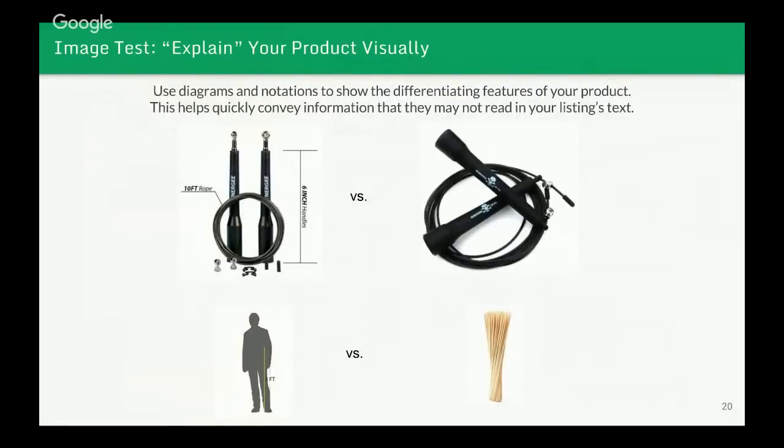And this is another good one. Something like this one down here on the bottom left wouldn't be allowed for your main image, but it's still good to get those creative juices flowing. You can show diagrams so people get an idea of how big or how small a product is. This particular one on the bottom left is my bamboo marshmallow sticks.